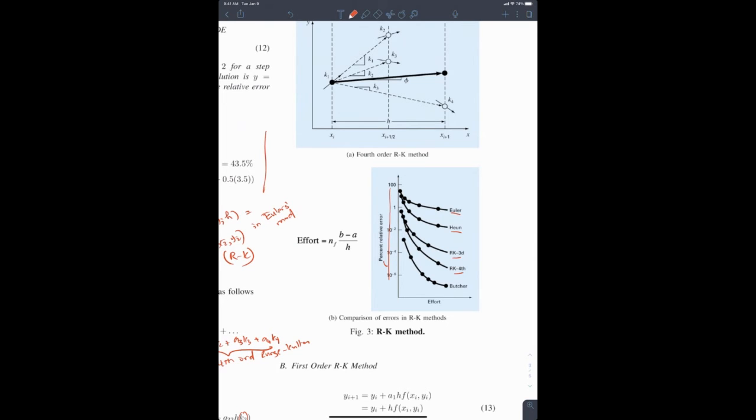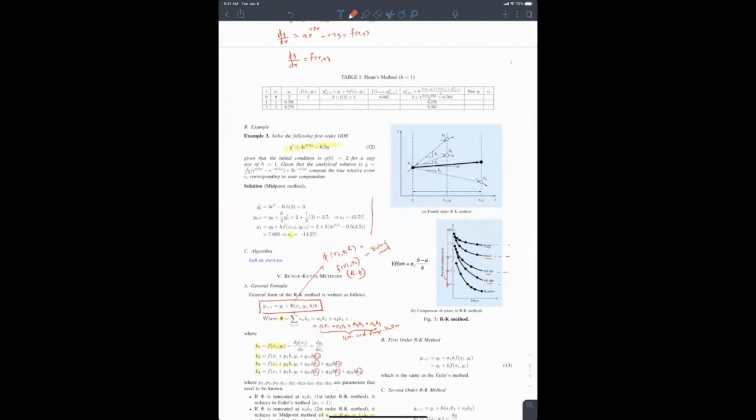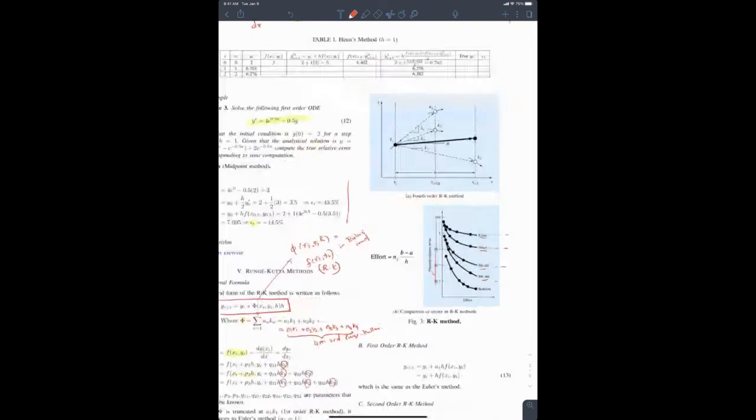As the effort increases, Euler's method settles down at a certain error, whereas you can see Heun's third and fourth... The error is not shown as an order of h squared, but as an absolute value error. But what is sure is that as you increase the order, the error is going to reduce.